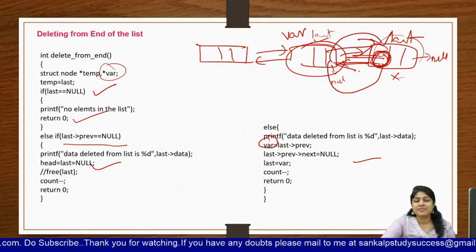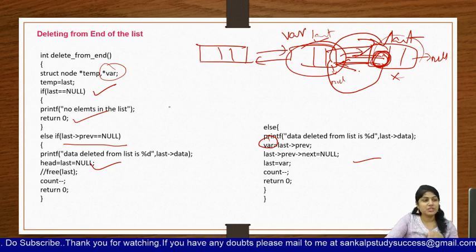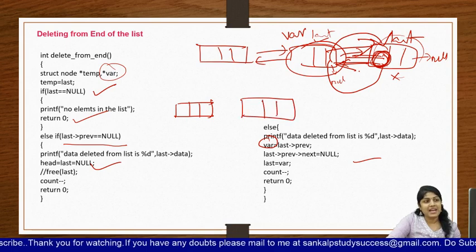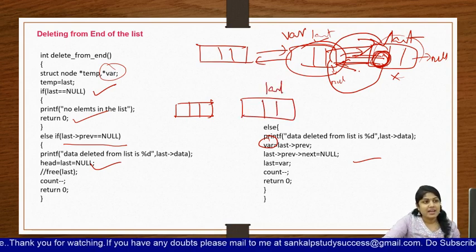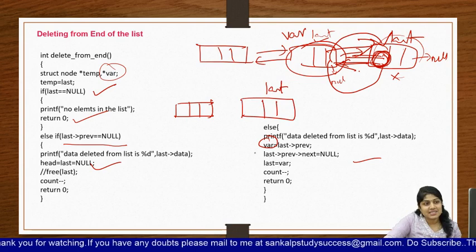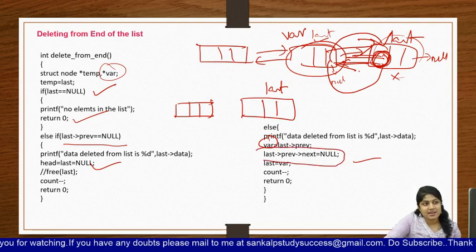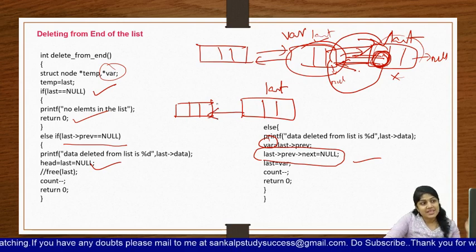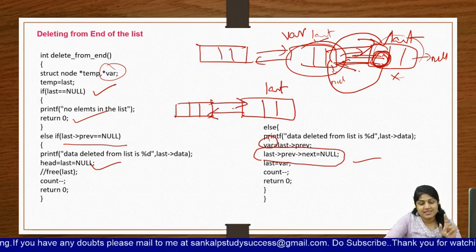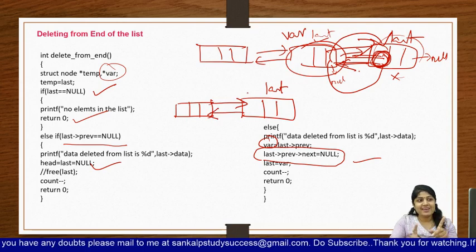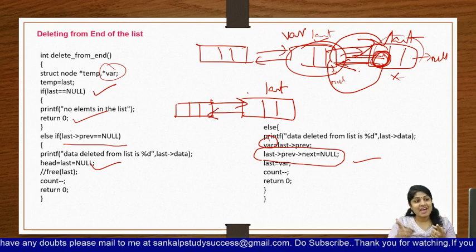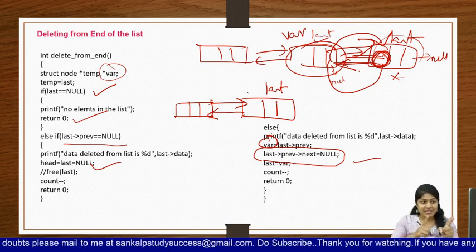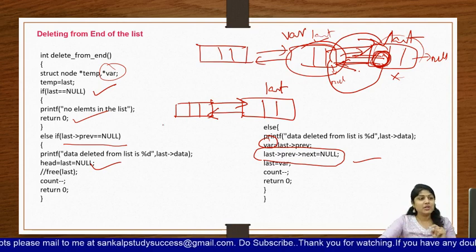Last to previous to next is what? This node. See, I am writing only 2 nodes, the last 2 nodes. Last to previous, this line, I'm explaining this line. Last to previous is what? This one. What is the next of this previous? This one, right? So directly here you can write var to next equal to null, or else last to previous to next equal to null.